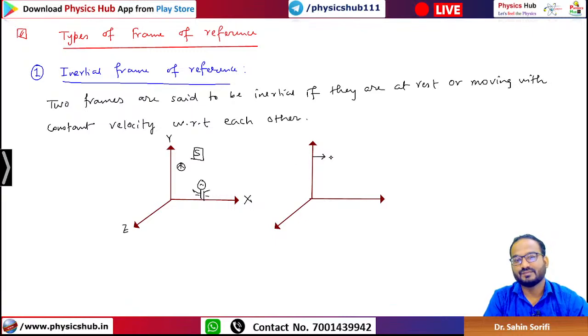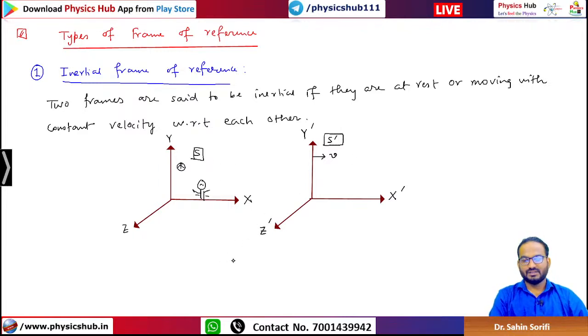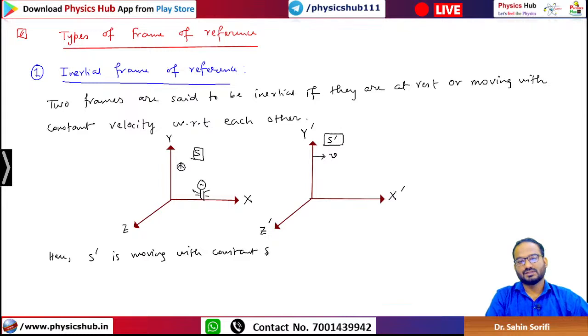The S prime frame is moving with constant speed. This is your S prime frame. Here the coordinates will be x prime, y prime, z prime. These two frames, S and S prime, are said to be inertial frames. Here S prime is moving with constant speed v with respect to whom?